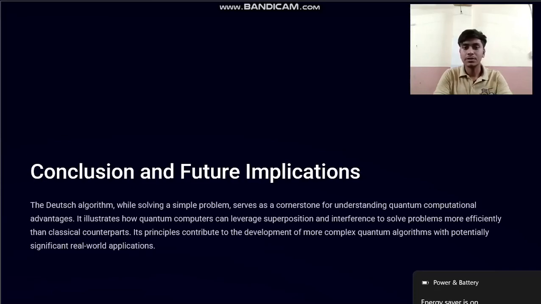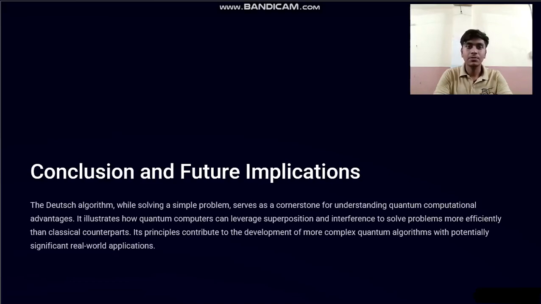Lastly, we have the conclusion and the future implications. To wrap up, the Deutsch algorithm may solve a simple problem, but its implications are profound. It's a foundational example of how quantum principles like superposition and interference can be used to solve problems more effectively than classical methods.